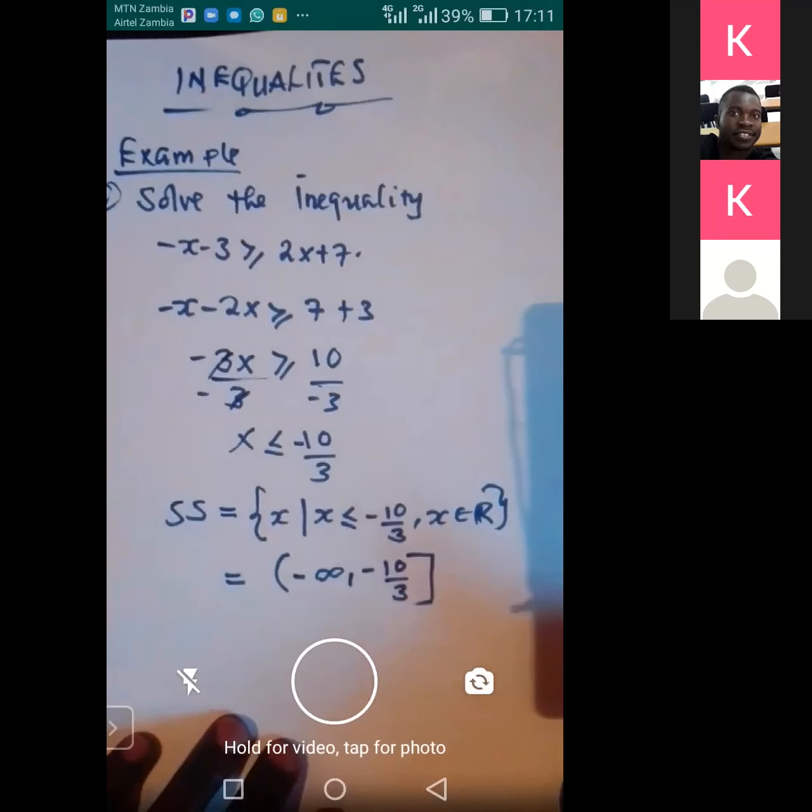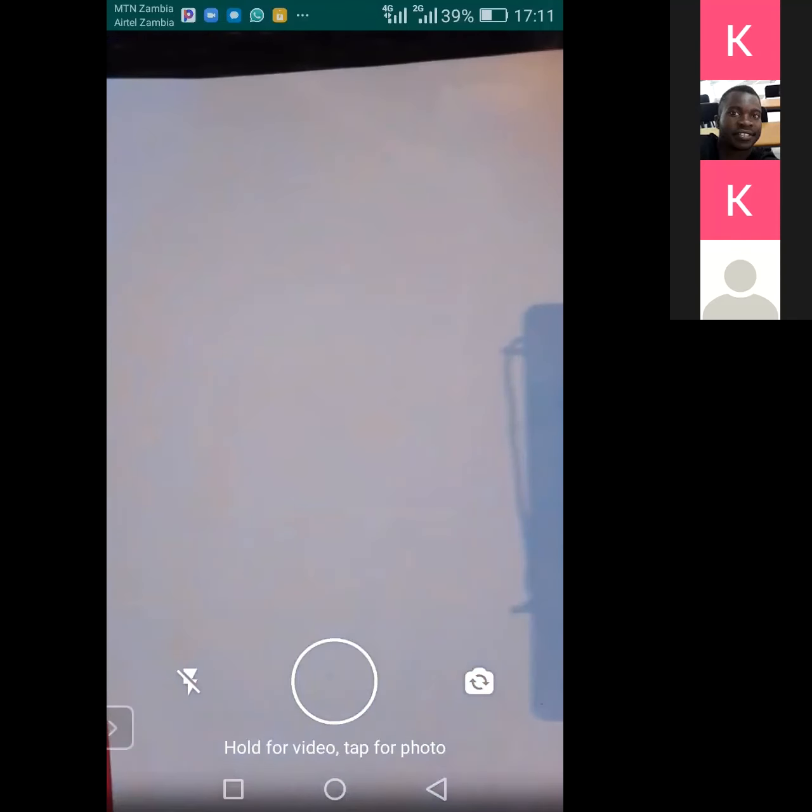So next, that was a linear inequality. Let's look at an example of a quadratic inequality now.